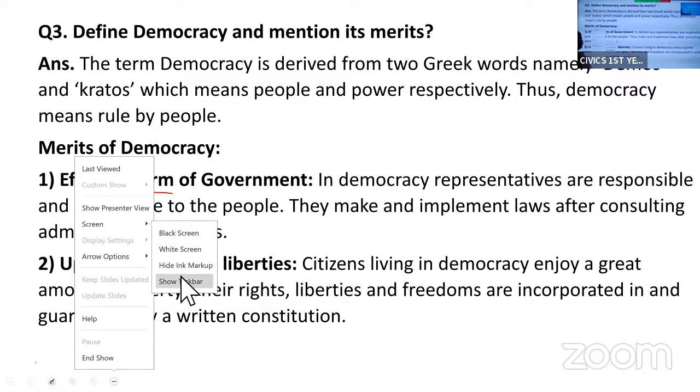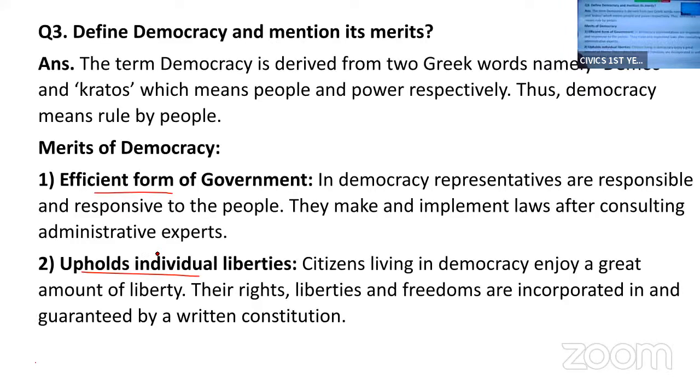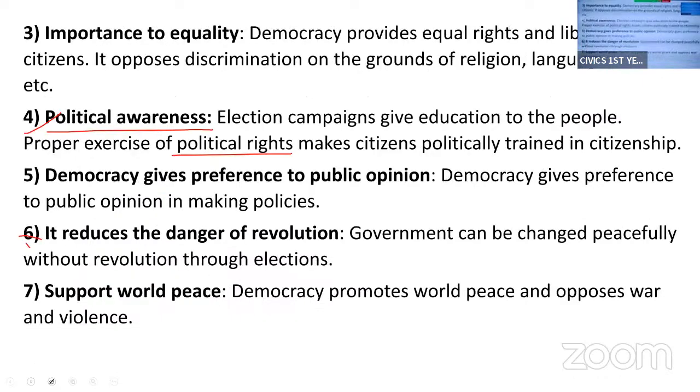Whenever they are making laws, they have to consult and discuss with the administrative experts. The second one is that it upholds liberties. Uphold means protect. In democracy, the liberty, rights and freedoms of the people are protected by the constitution. When these rights are given in the constitution, the court will protect your rights.